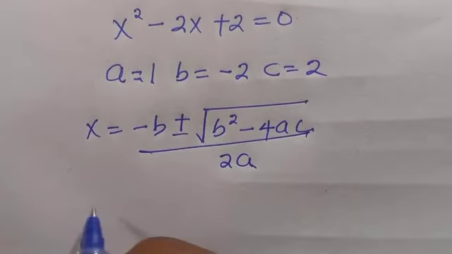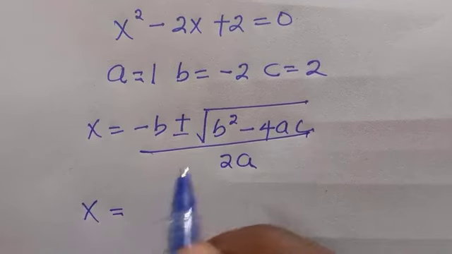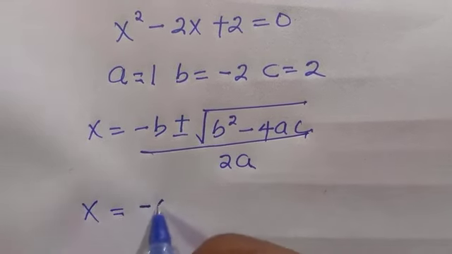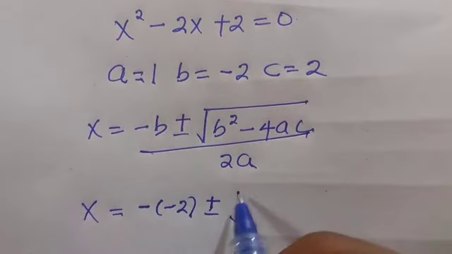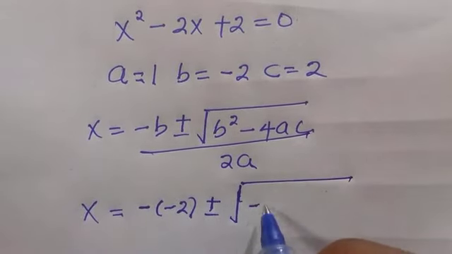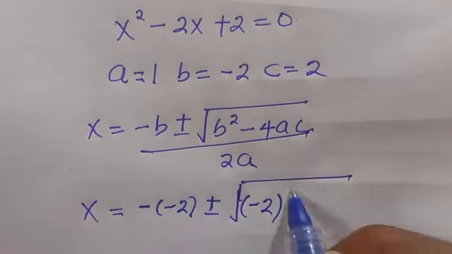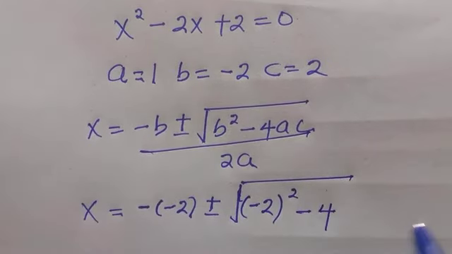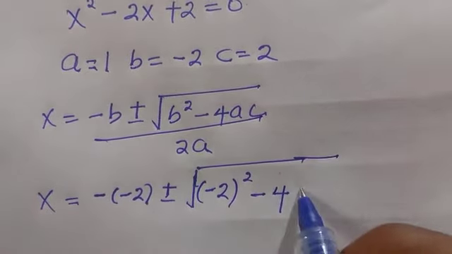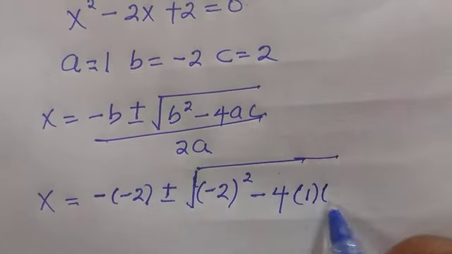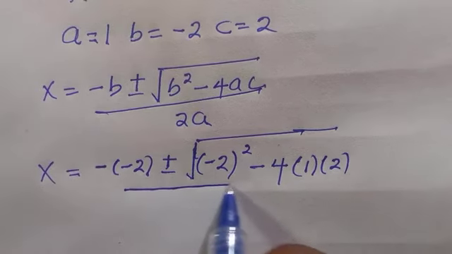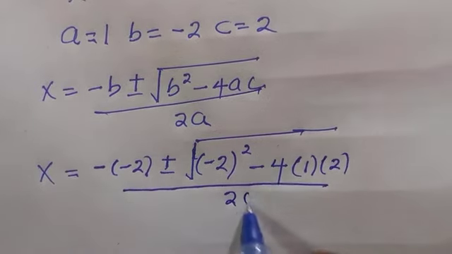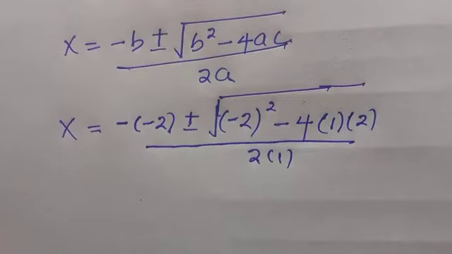Here b is minus 2, but we have minus already, which is minus minus 2, plus or minus the root of (minus 2) squared minus 4, and we have a which is 1 and c is 2, all divided by 2 times 1.